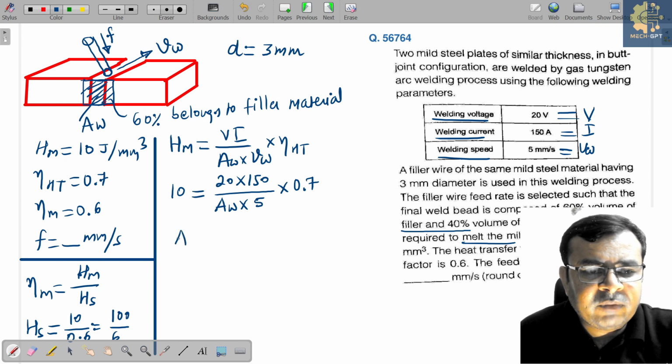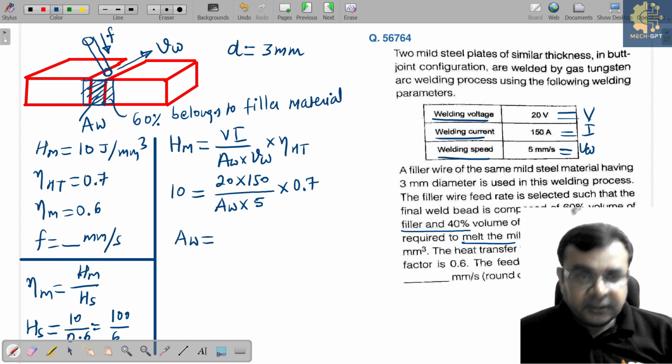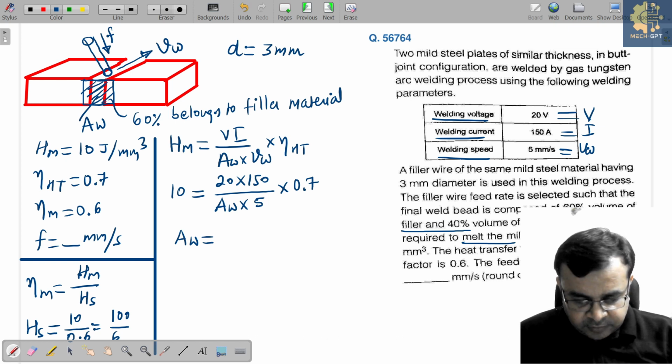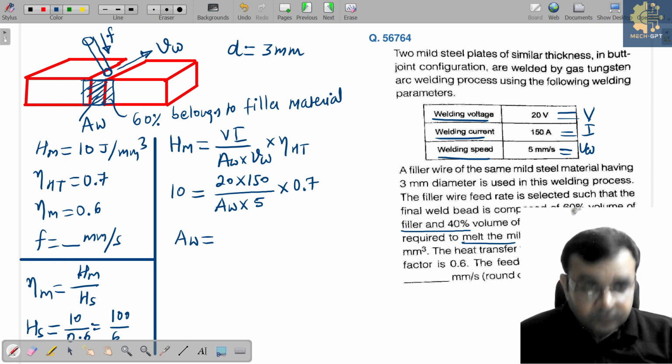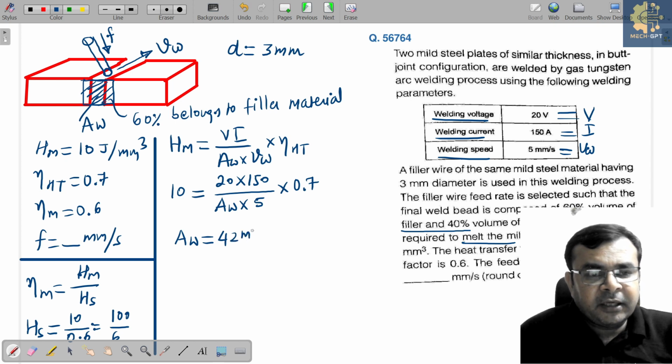So from this if I calculate AW, first I calculate: 20 into 150 into 0.7 over 5 over 10. So this is 42 millimeter cube.